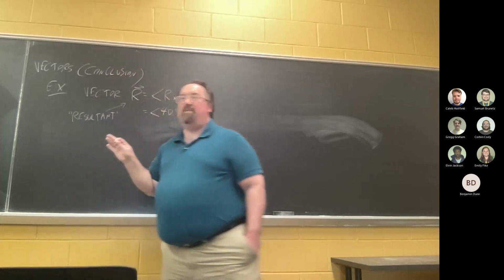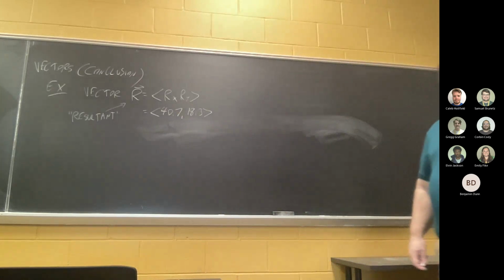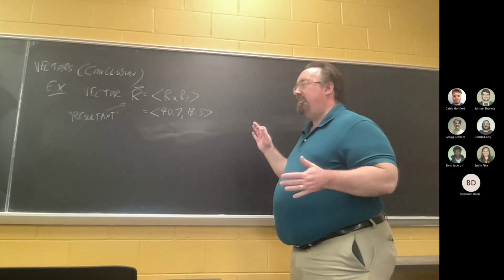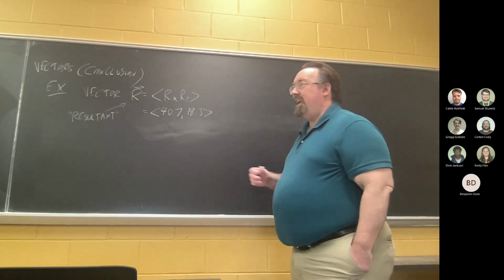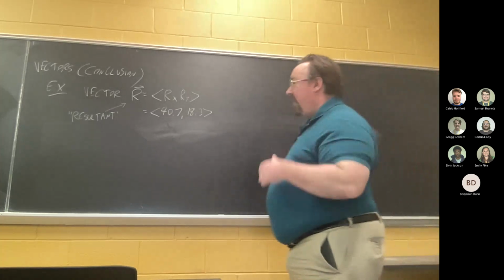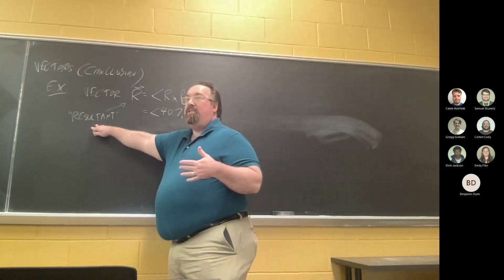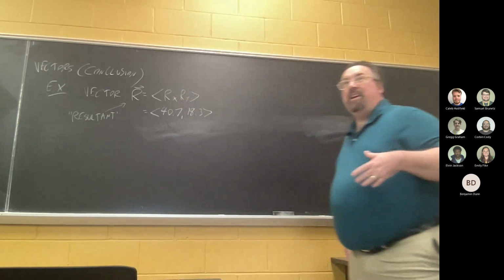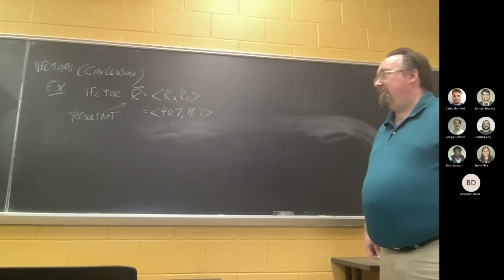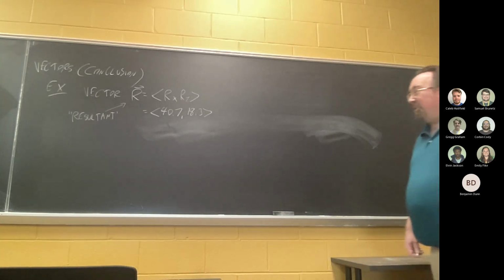That term doesn't actually mean anything as far as how the homework problem is done. It comes up, for instance, in the example I did last time where I had the velocity vector for a plane indicating its airspeed, and another vector for wind. I add those two together to find the course of the plane and its ground speed. That vector is referred to as a resultant. So when you're adding two vectors together, depending on the application, that vector is sometimes called a resultant. I'm only mentioning that because if you see the term somewhere, that's what it's referring to.